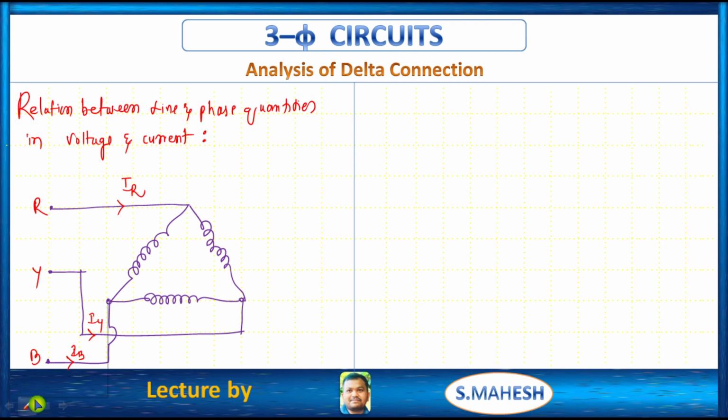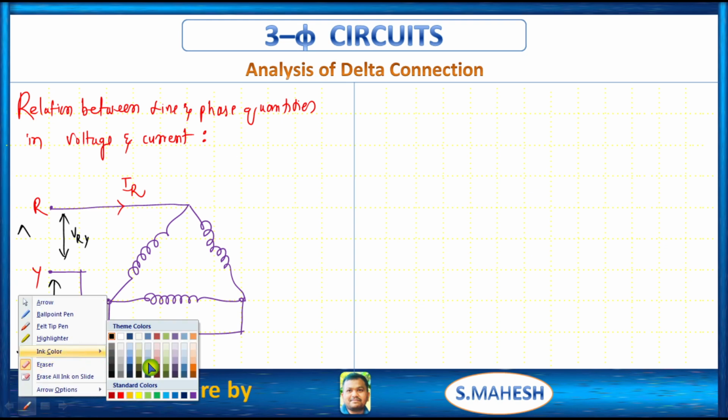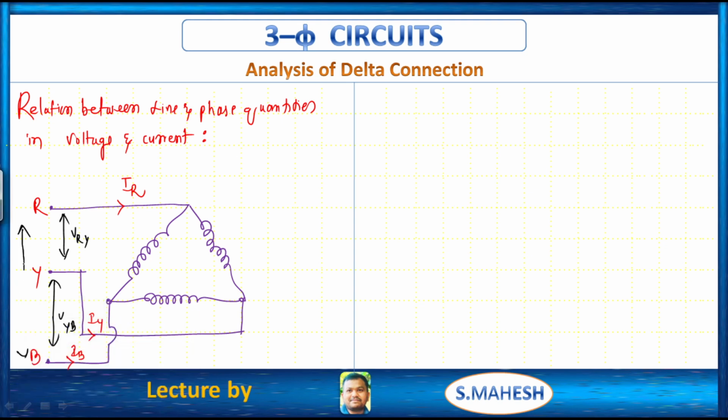Then what about that? This is what? Line voltage V_RY. This is the line voltage V_YB. Like that, the line voltage between these two is nothing but V_BR.